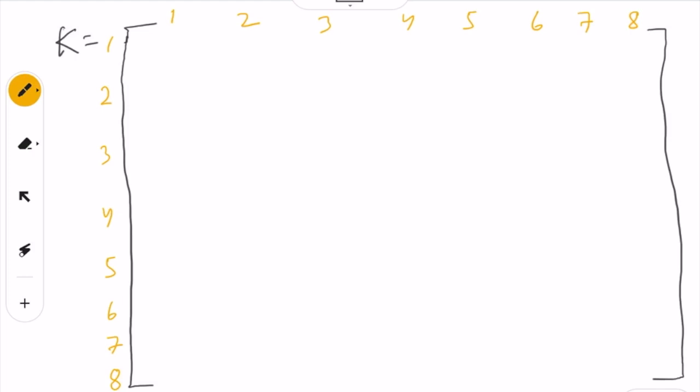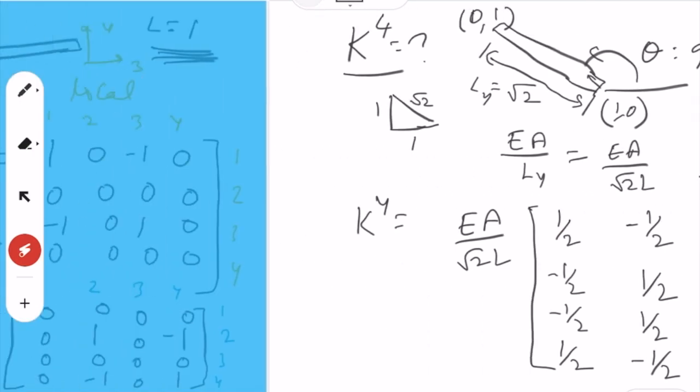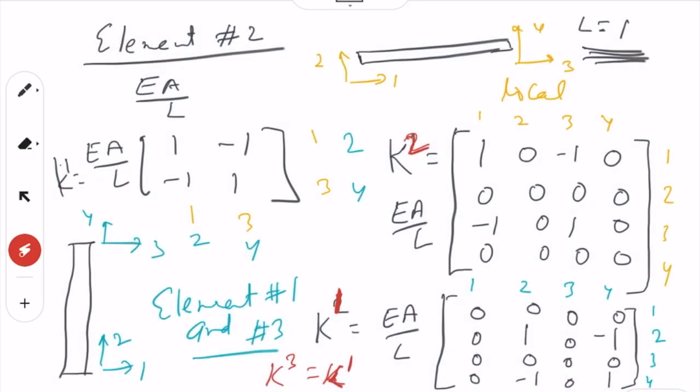Now we should be able to fill this one. So we will make a few things common. What? We will make EA over L common, and then we have root 2 as well, root 2 divided by 2. In other things we don't have that.